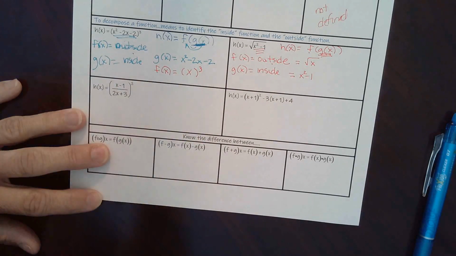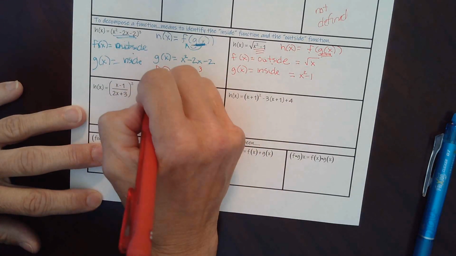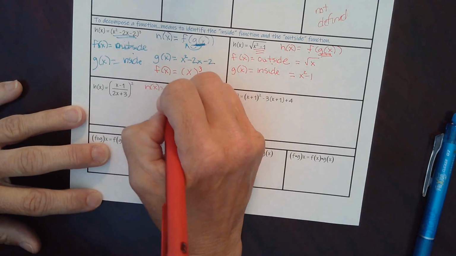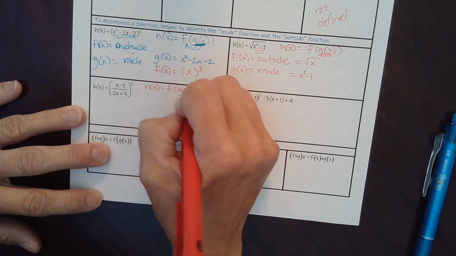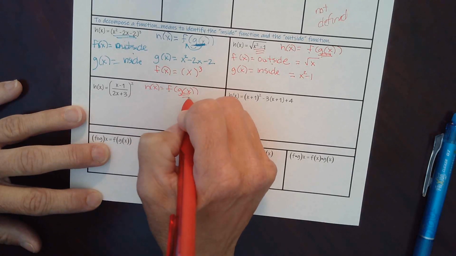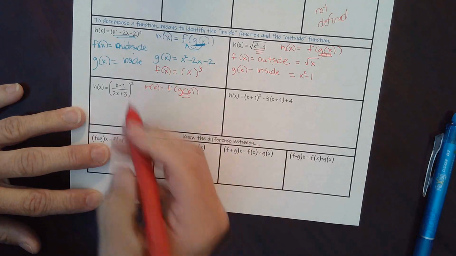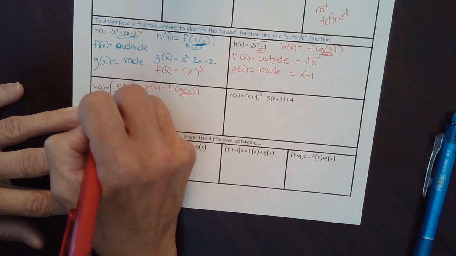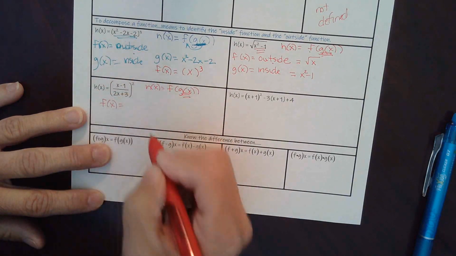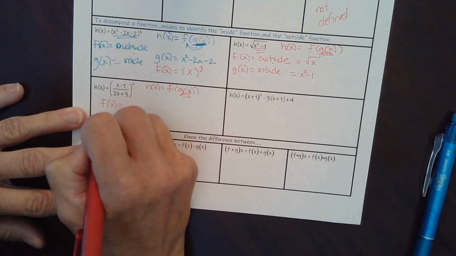All right, and then same thing here. Let's find h of x such that h of x is f of g of x. Let's say that our g of x is going to be the inside and f of x will be the outside. What is the inside piece?